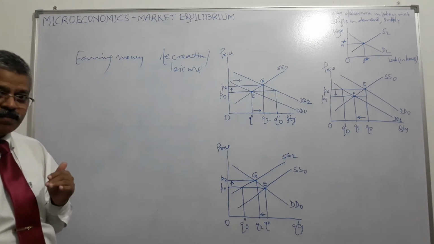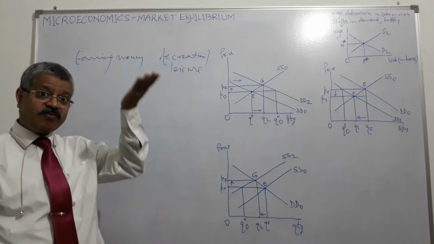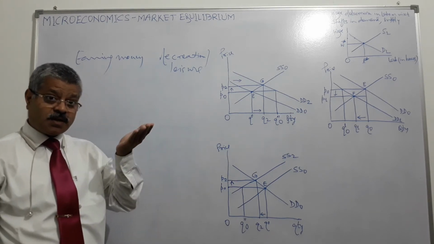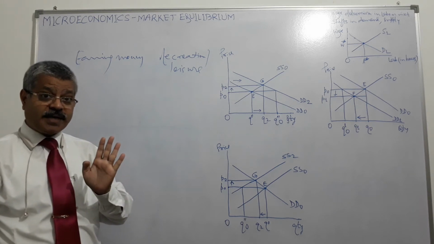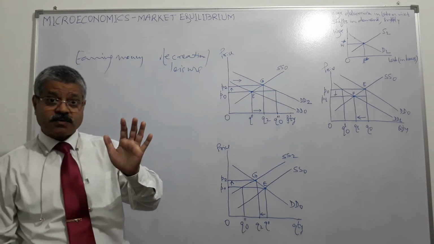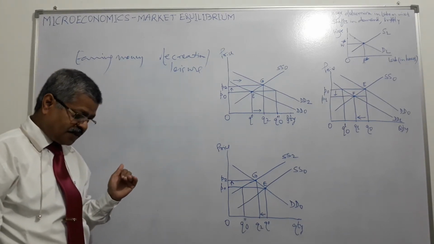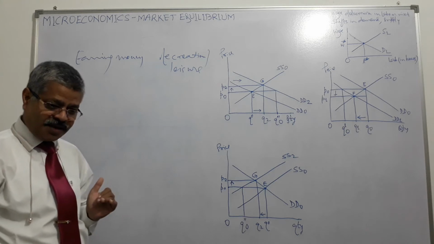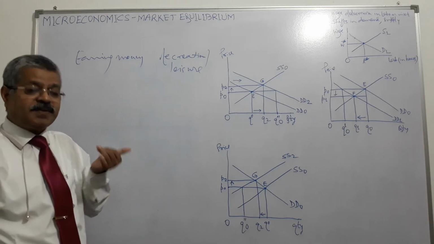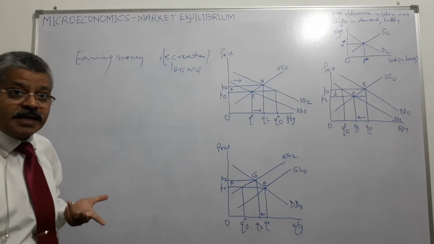Take another example. Another person is at a high wage rate. When the wage rate is increased, you may not be willing to offer many more hours of labor. So if a person is at a very low wage rate and there is an increase in wage rate, that person will be willing to offer more hours of labor to earn more money.